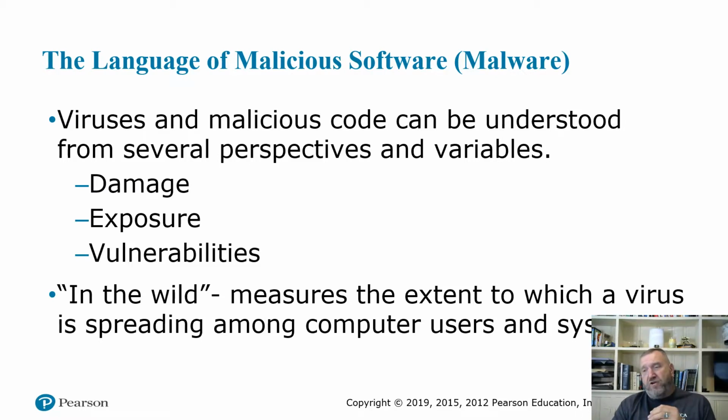You're going to hear people refer to viruses being in the wild. This term just means that they're talking about the propagation of viruses as it transits across the internet and goes from user to system or from system to system. When we first started seeing viruses in the early 90s, we didn't have a mechanism to track how many computers had been infected.